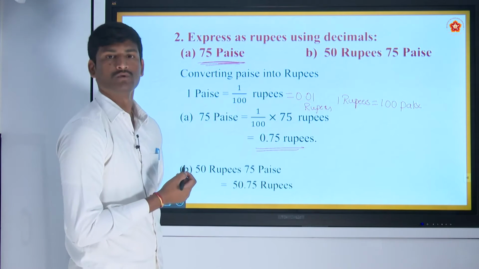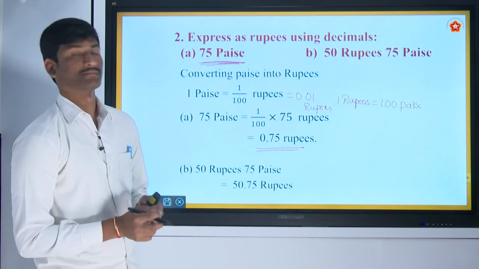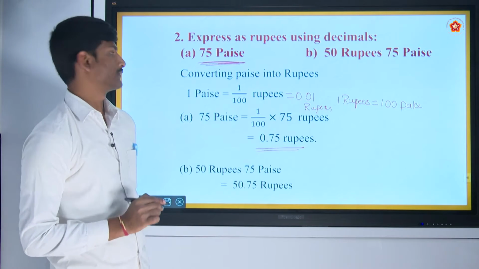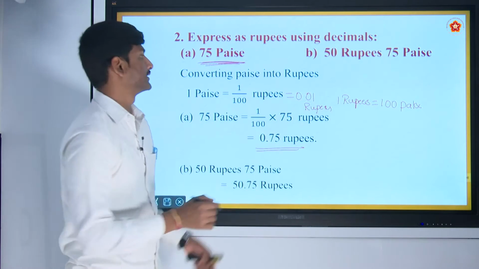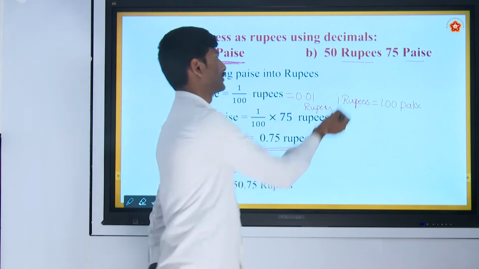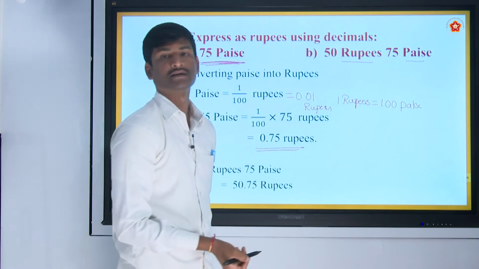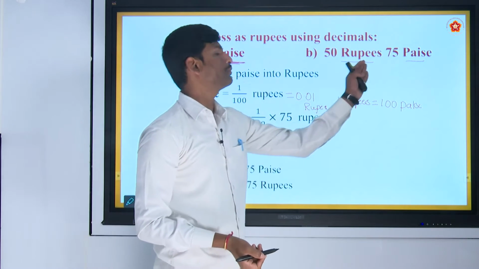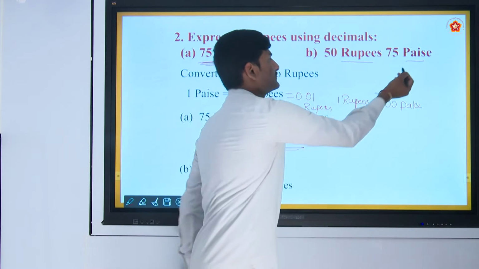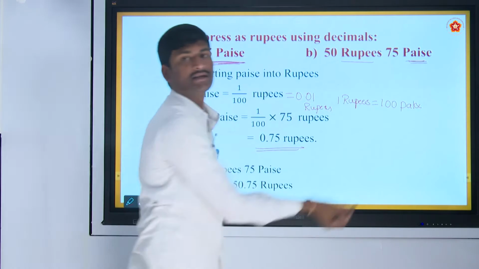0.75 rupees. Okay. Then the next one, 50 rupees 75 paise. Here both units are different, one rupees and another paise. The whole part is written in rupees form. First we convert the paise into rupees.